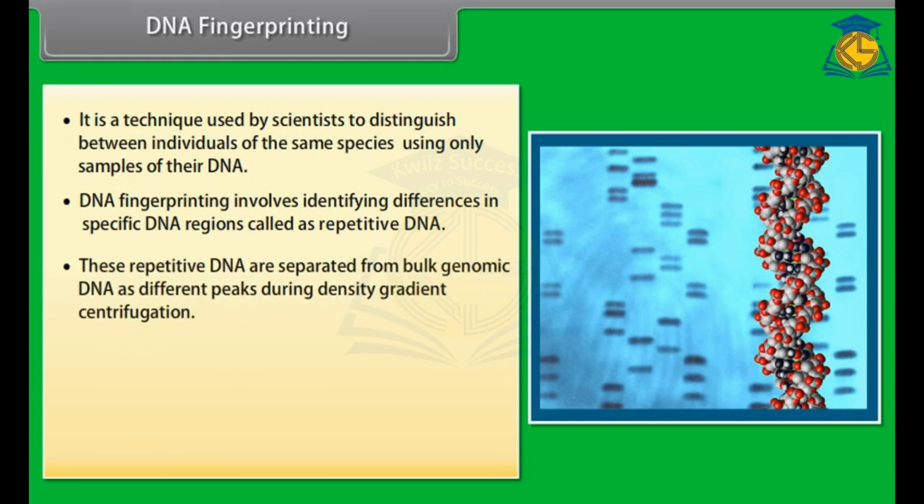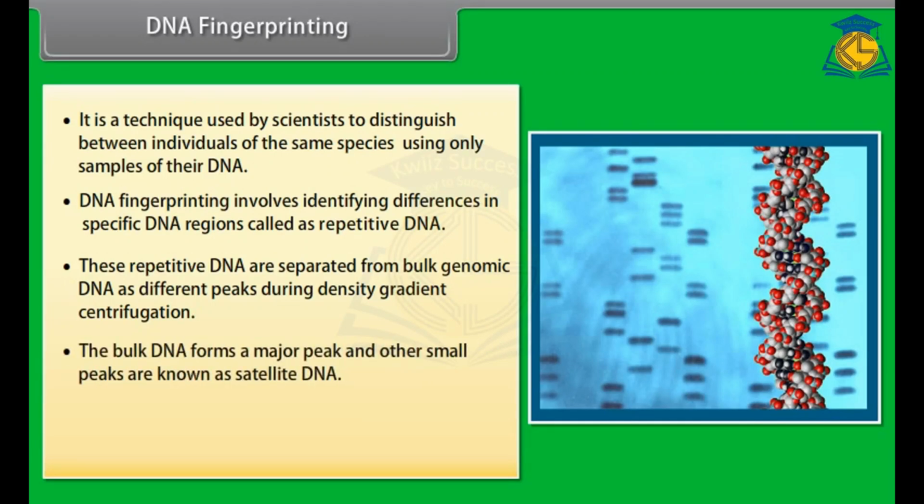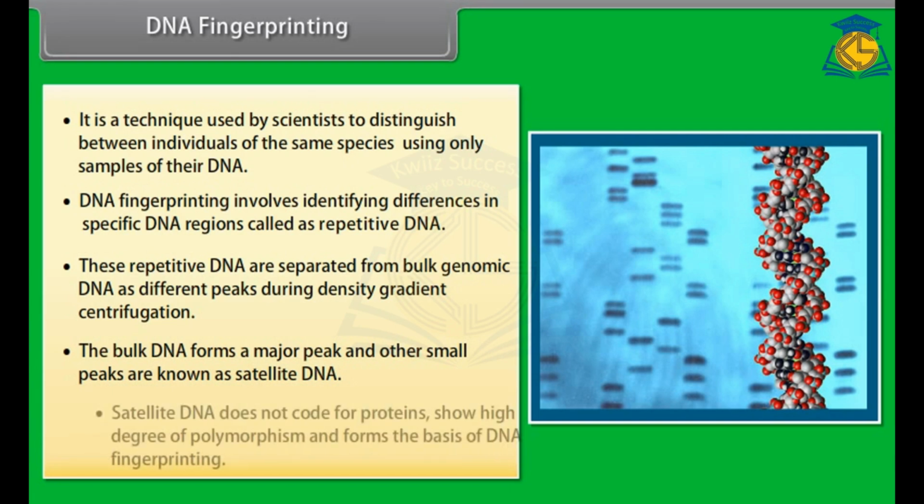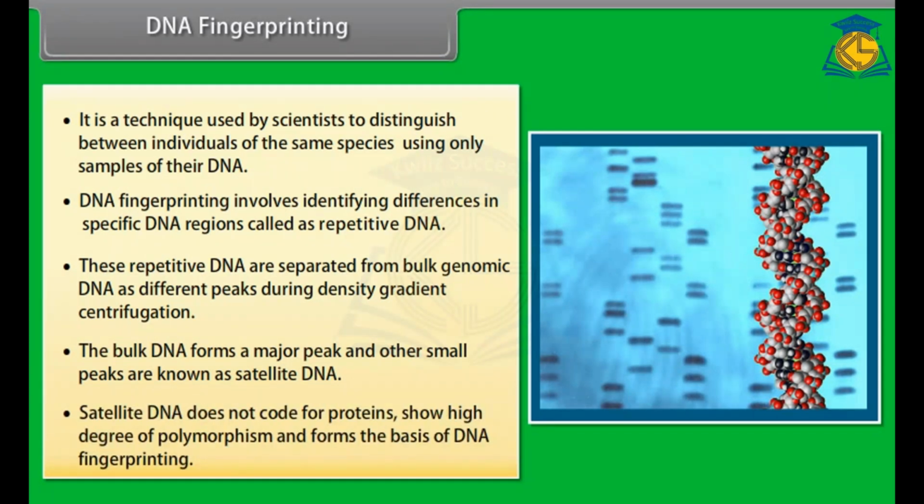These repetitive DNA are separated from bulk genomic DNA as different peaks during density gradient centrifugation. The bulk DNA forms a major peak, and the other small peaks are known as satellite DNA. Satellite DNA does not code for proteins, shows a high degree of polymorphism, and forms the basis of DNA fingerprinting.